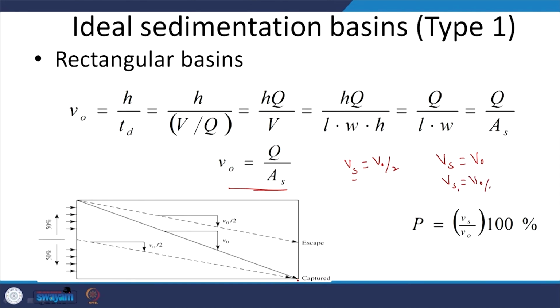If it comes in at h by 2, we see that it will be captured, but the fraction of the particles which is above will not be captured. These flow paths are going to be like this. So, this is escape, this is escape. That is why we will not have 100% or 0% removal as discussed in the upflow clarifiers, but we are going to have a percentage removal, and that is what we see out here.